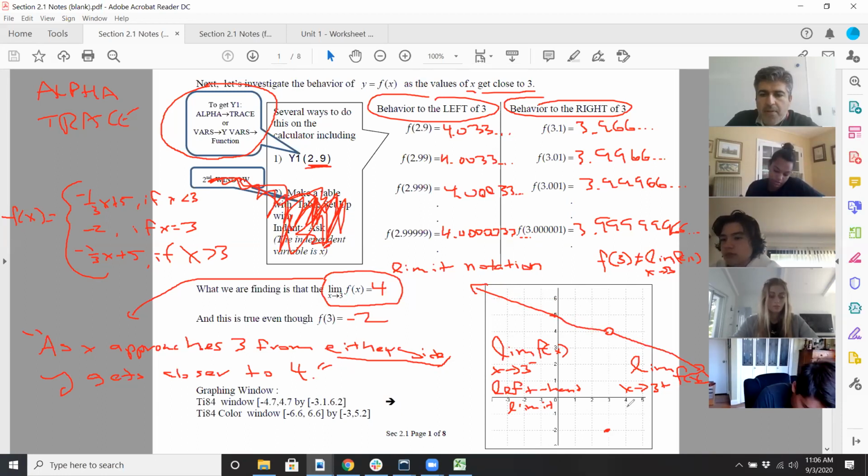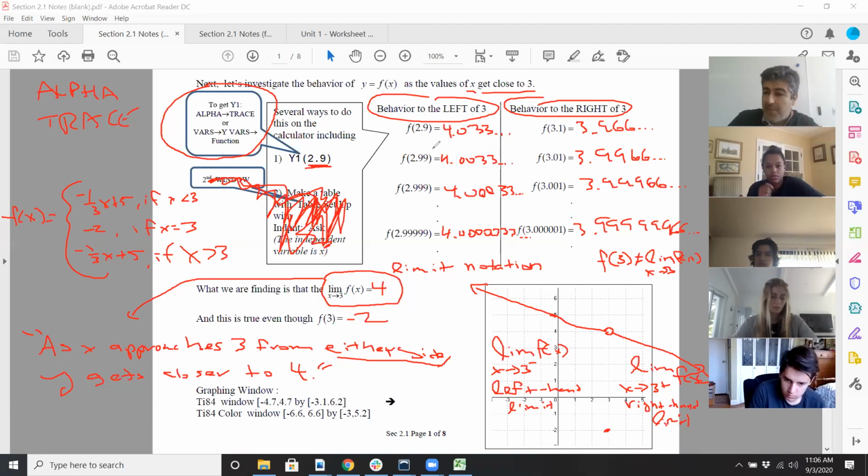This right here we call our right-hand limit. So what you guys just did without realizing it is that you've actually done left and right-hand limits. This is a left-hand limit when you plug in numbers close to 3, but from the left to 3, like 2.9, 2.99. Then you have a right-hand limit when you plug in numbers close to 3 from the right side, like 3.1, 3.01, 3.001.